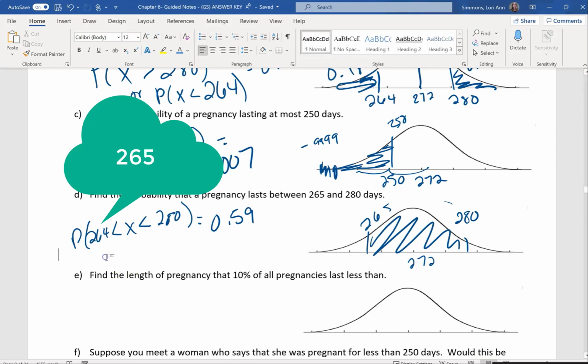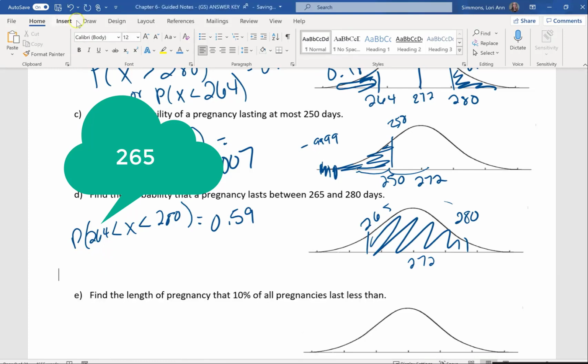Let me just type this out for you so you have this in your notes as well. So again, there is a 59% chance that a randomly selected pregnancy will last between 265 and 280 days.